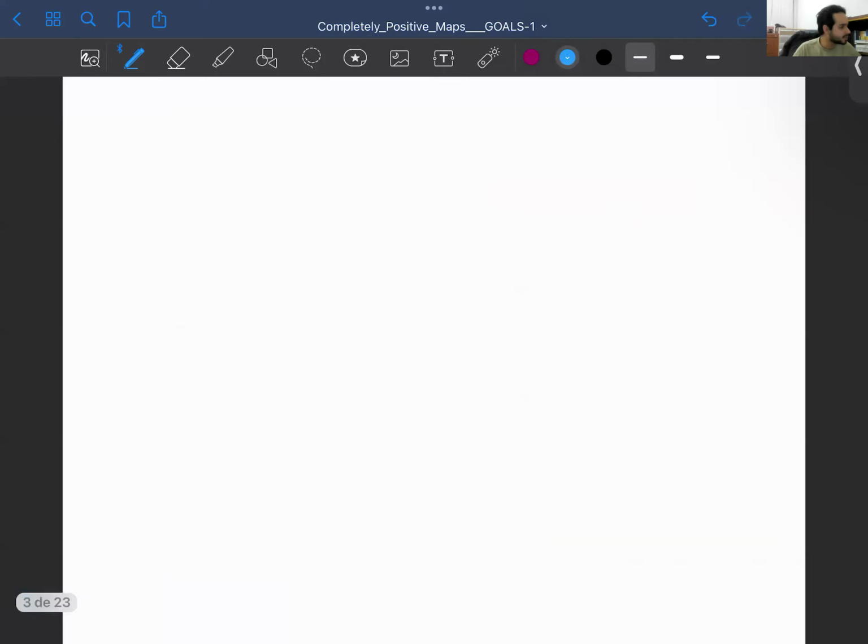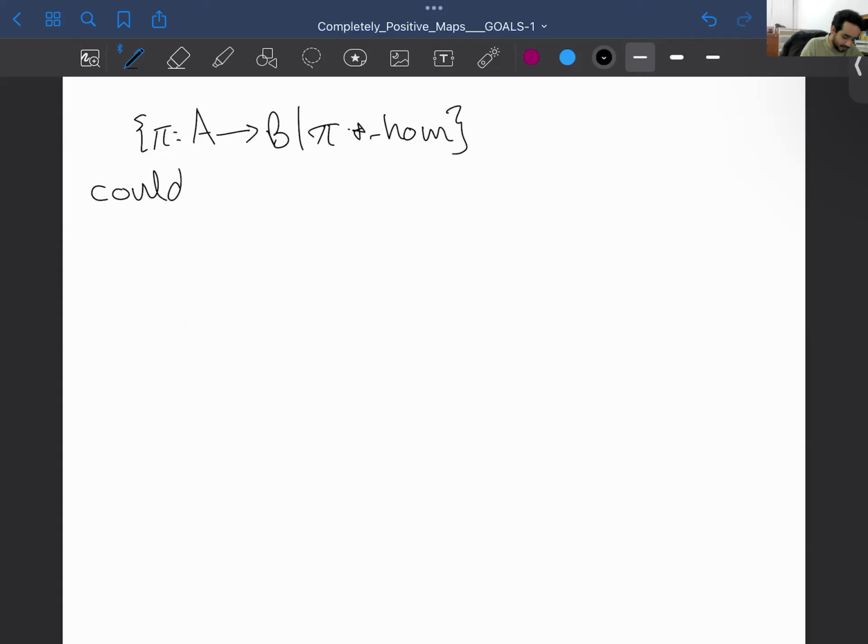I'm going to mention another thing about star homomorphisms. If you have A and B C*-algebras, the set of star homomorphisms could be zero.